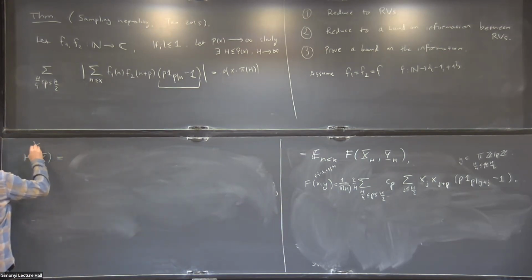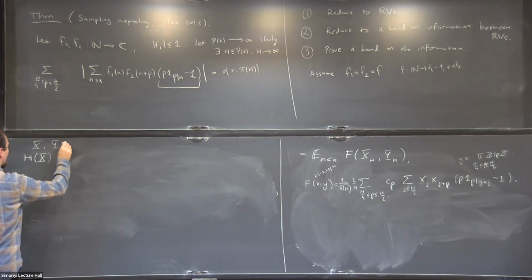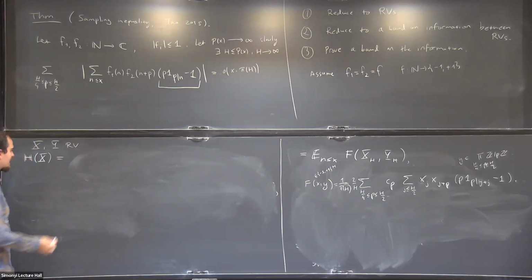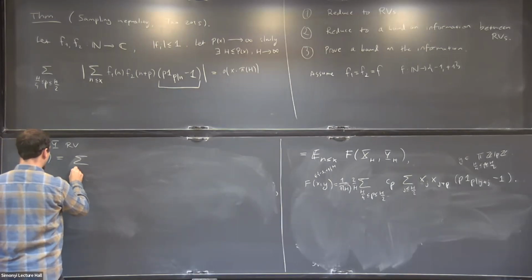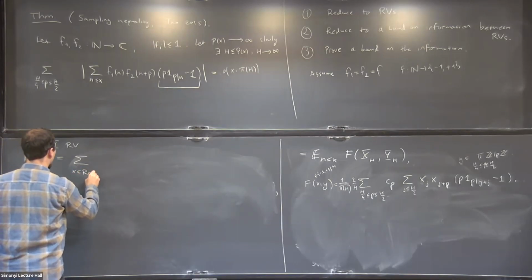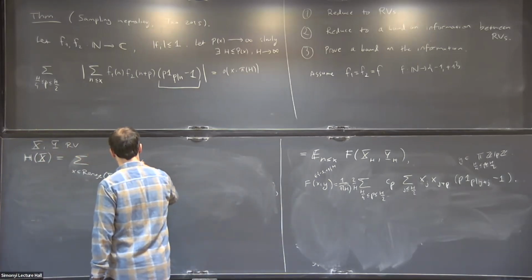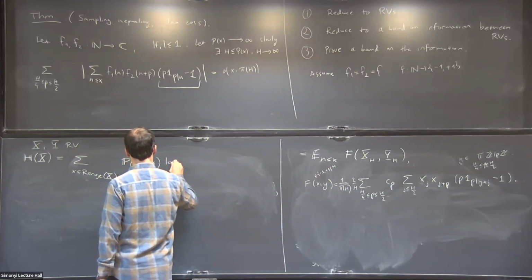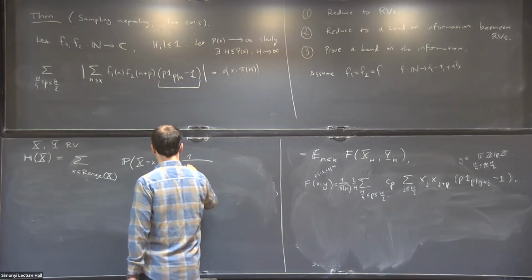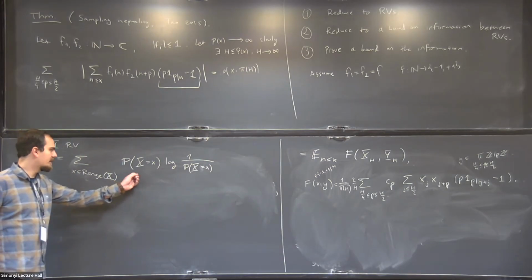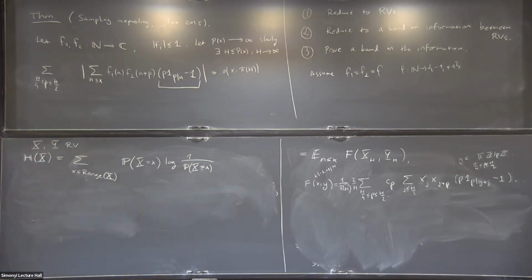So if x and y are random variables which have finite ranges, then the entropy of X is the sum of the probabilities of the values of X weighted by this function: the function t log 1 over t, where t runs over the different probabilities of the events X equals x.